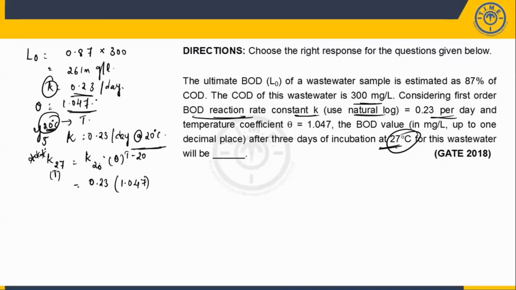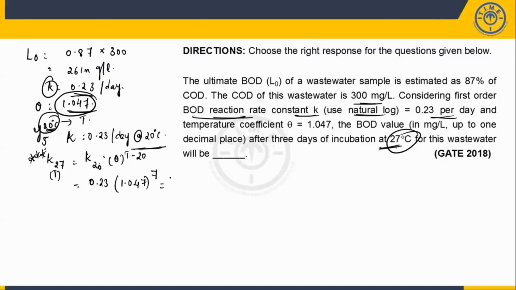Even if theta is not given, you need to take theta as 1.047. If they give you theta, take that.